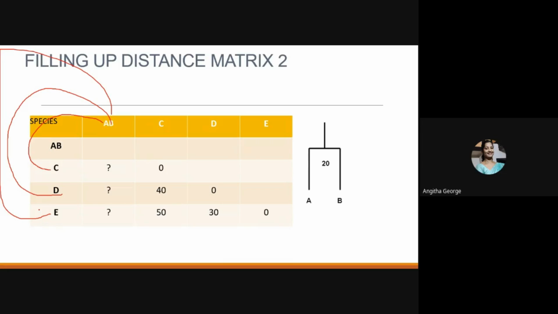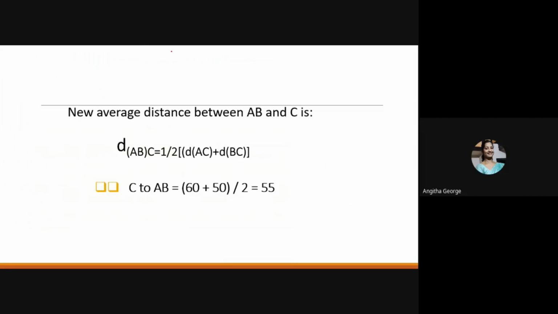We can apply an equation. The new average distance between AB and C, which I have to find, is written as D of AB, since we grouped A and B because the distance between A and B is the smallest among the species.